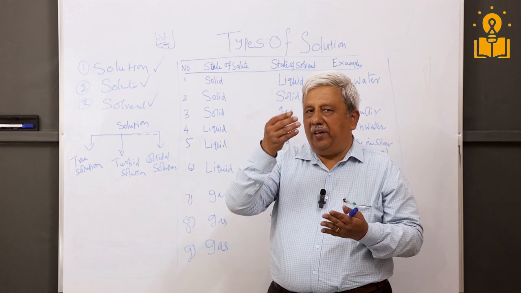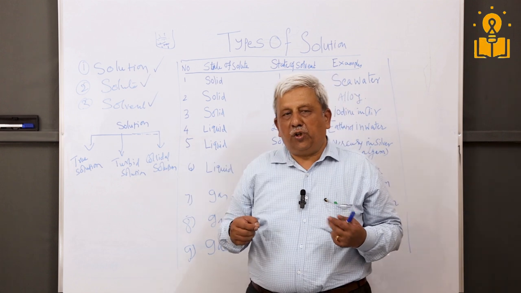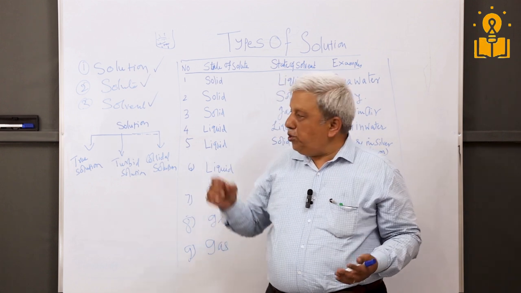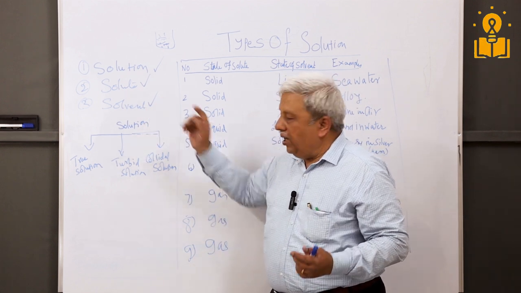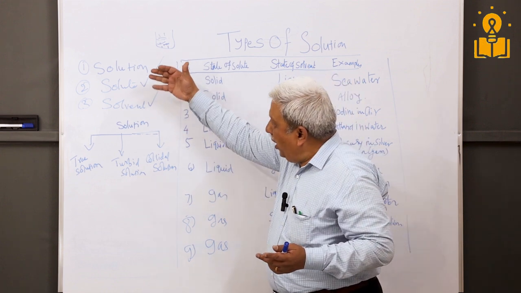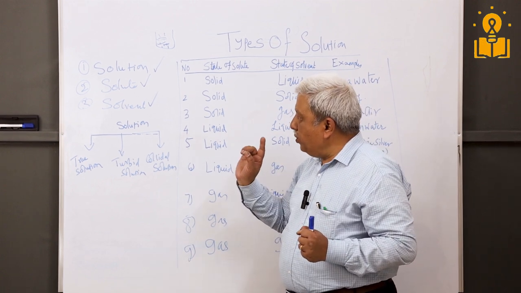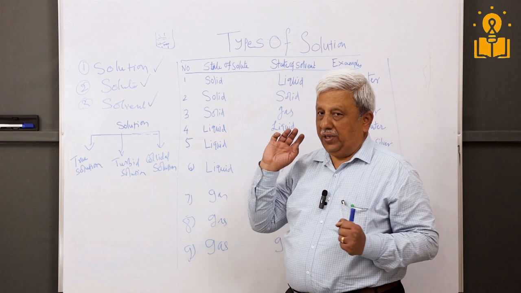The whole beaker is converted into a solvent, that is water, in which we are going to dissolve the sugar. So sugar is a solute and water is a solvent. So these are the three basic definitions of the solution, solute and solvent.